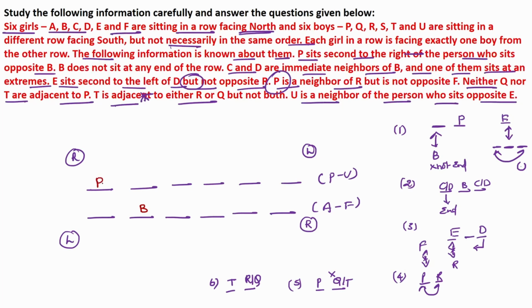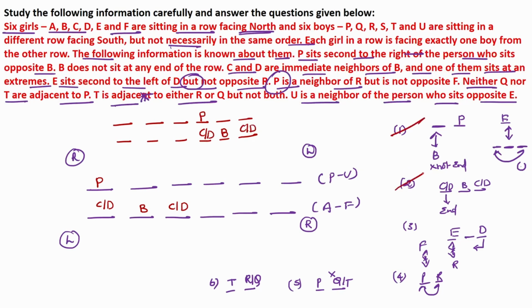So there is one possibility for P. If I place B here, we can place P here. First right and second right, we have to place P here, and there is a chance of B here only. Now either C or D is an immediate neighbor of B. So we are done with point number 1.